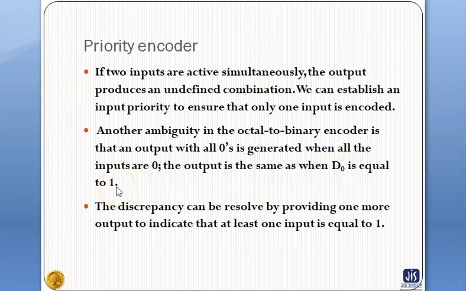So when D0 is equal to 1, and also when all inputs are 0, the same output is there. This drawback can be resolved by providing one more output to indicate that at least one input is equal to 1.